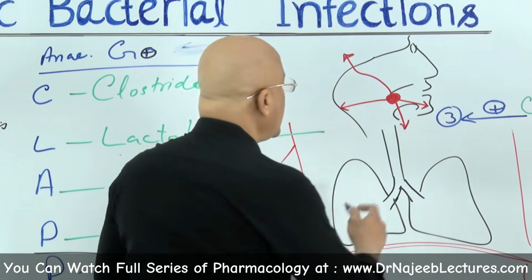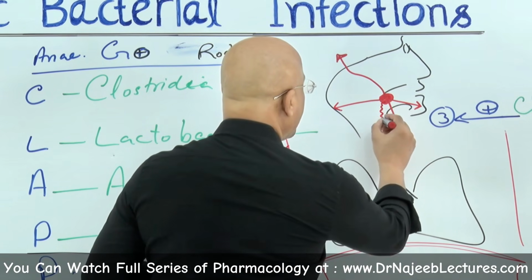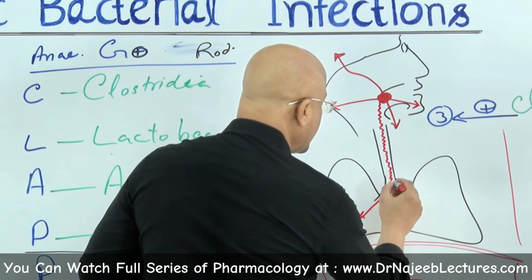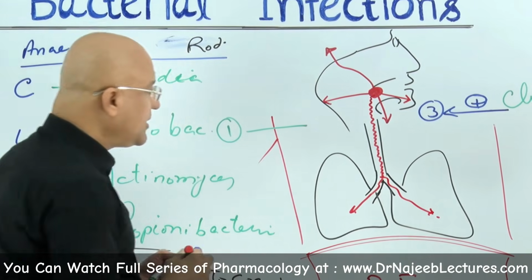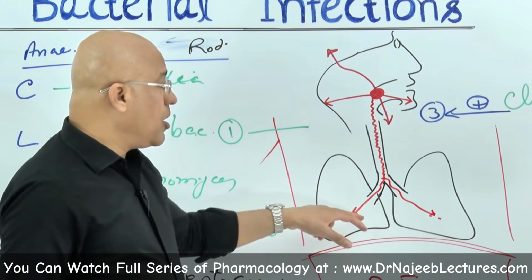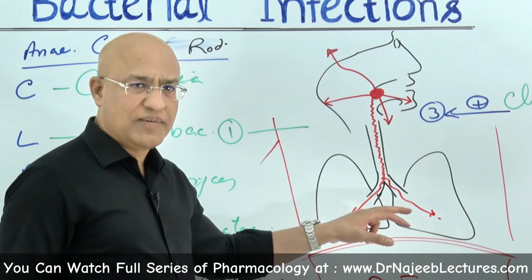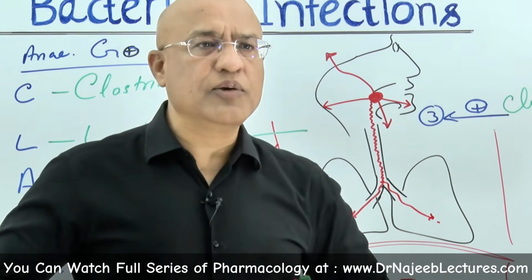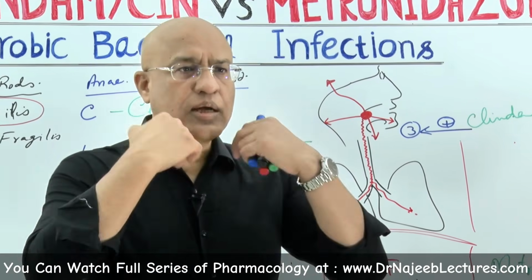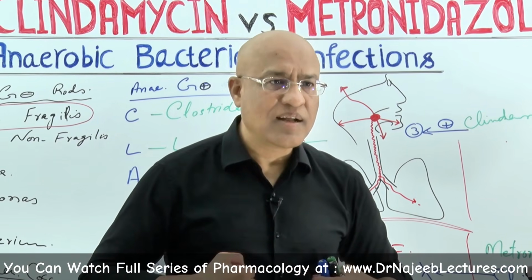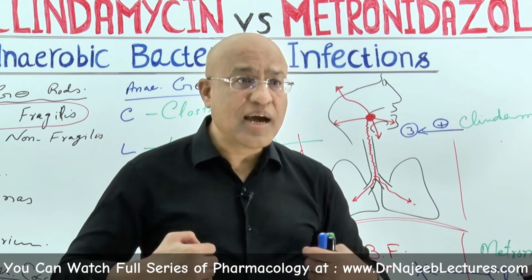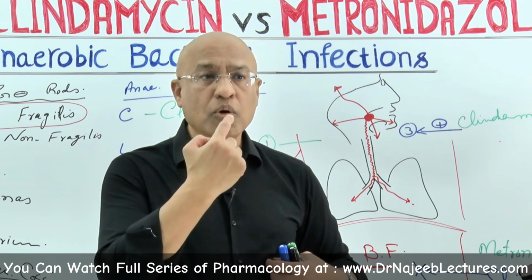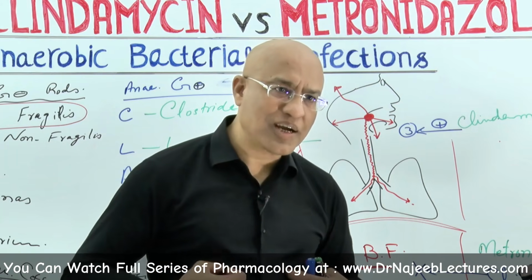And as a part of saliva, if these are aspirated to the lungs, they can produce pleuropulmonary infections. Those pleuropulmonary infections which are due to aspiration have a lot of anaerobes coming from oropharyngeal microbiota.